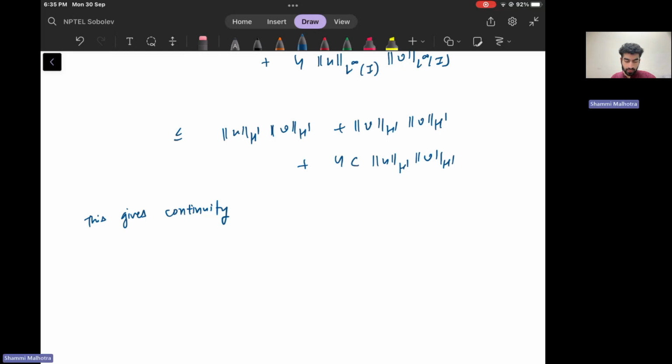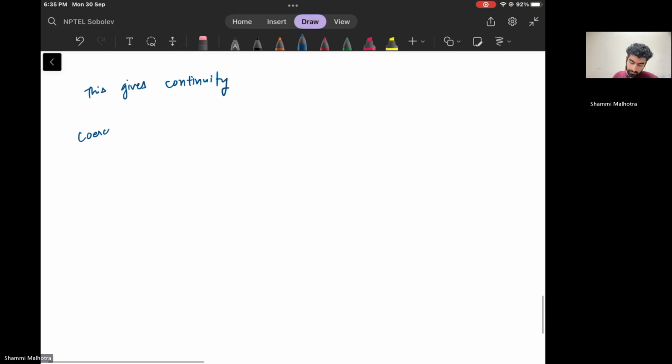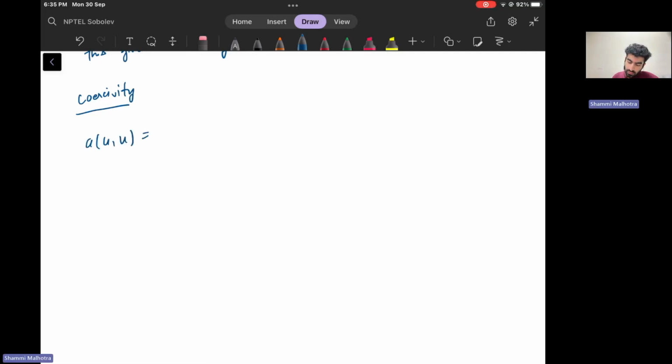So once we have the continuity, next we will check the coercivity of our form. A(u, u) can be written as the integration from 0 to 1 of u' squared plus u squared plus (u(1) minus u(0)) squared. So A(u, u) will be of this form only.